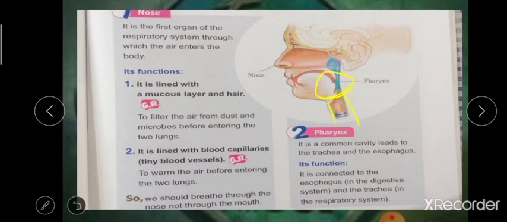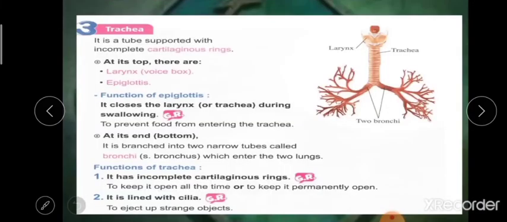It leads to the esophagus and the trachea. During swallowing the food, why doesn't the food enter the trachea? Because there is an epiglottis here to close the trachea during swallowing, to prevent food entering the trachea.